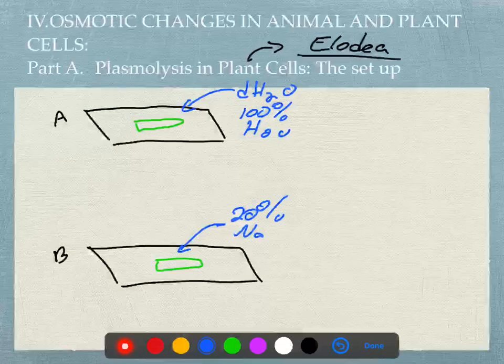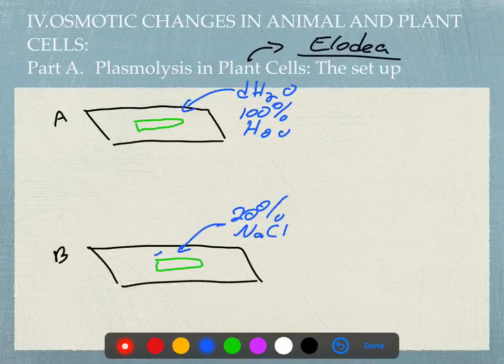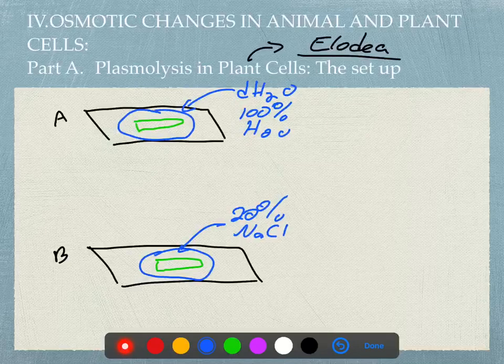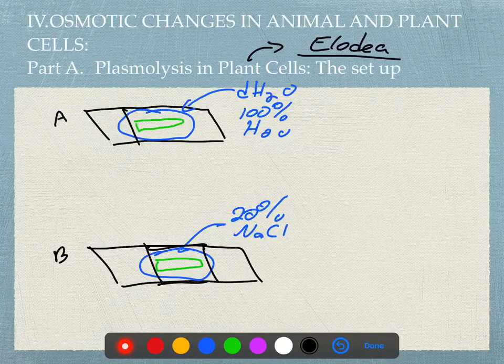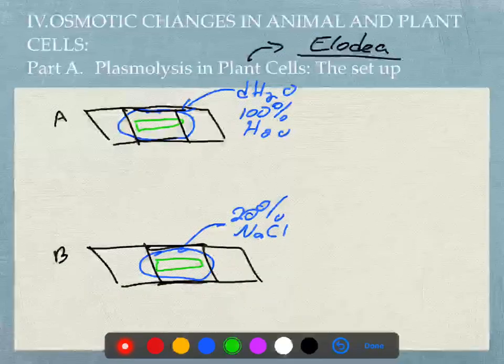And on this one, we would have added 20% sodium chloride. All right, so this one is in a salty solution, and this one is in a 100% water solution. And then we would have put a cover slip on top. And then we would have said, okay, have fun, look at it under the microscope.